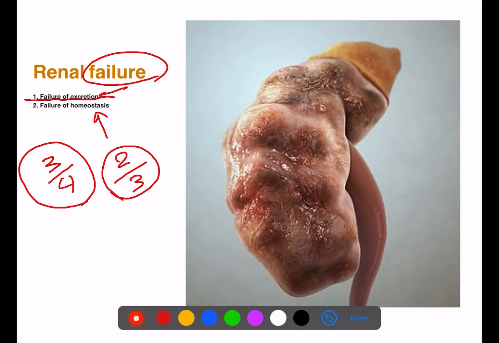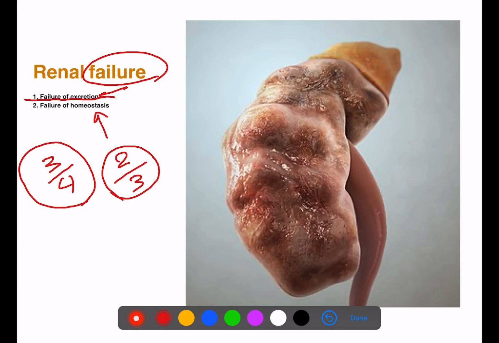We also have post-renal azotemia, which occurs mainly due to uroliths, which are stones that block the passage of urine through the renal pelvis or ureter.